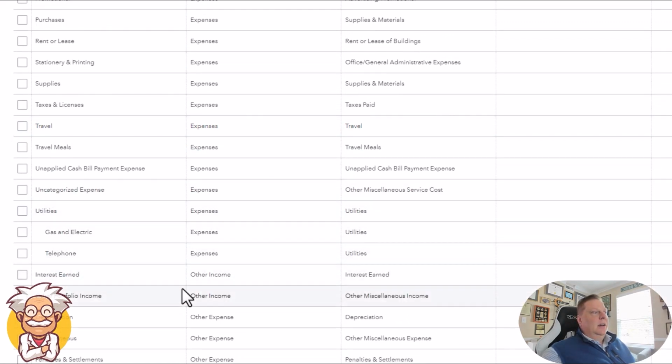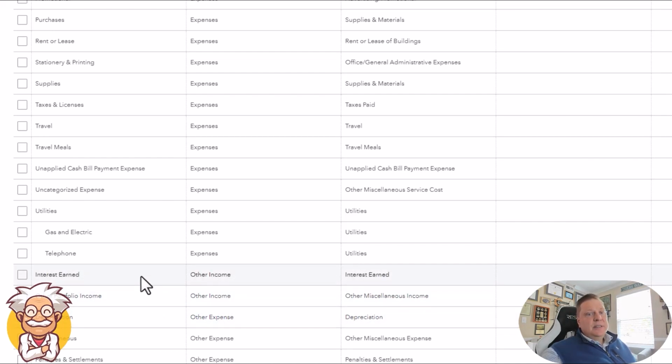and then we get down to what they call other income and other expenses. Other income is things like interest income, maybe dividend income. It's other income that typically are not part of your operating. When they had the PPP loans, the income from that usually showed up here under other income.